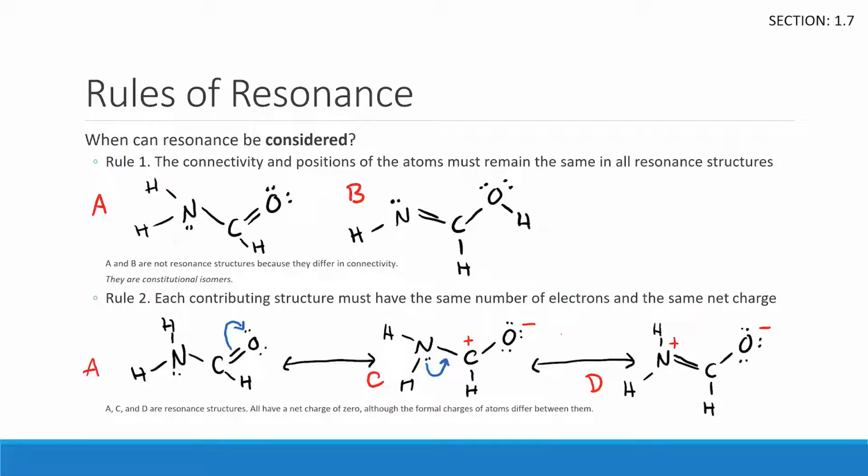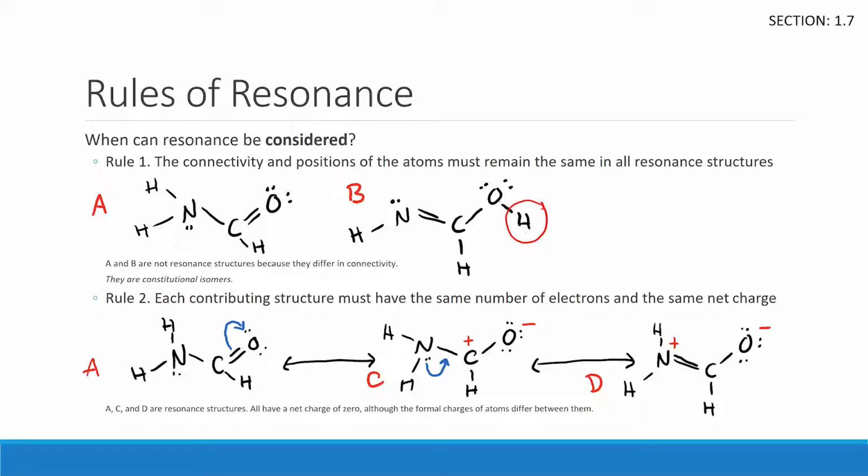Here's an example where we have structure A and B. These structures are not resonance structures. Here we tried to move a double bond, that's fine. The main thing that makes them different and would not be considered resonance is because a hydrogen has moved.